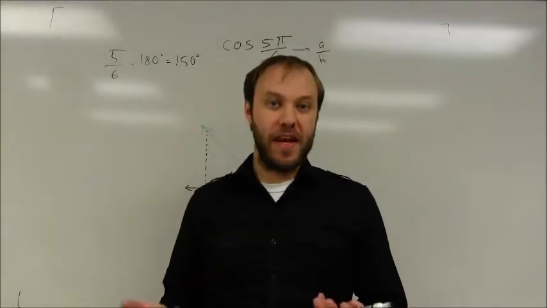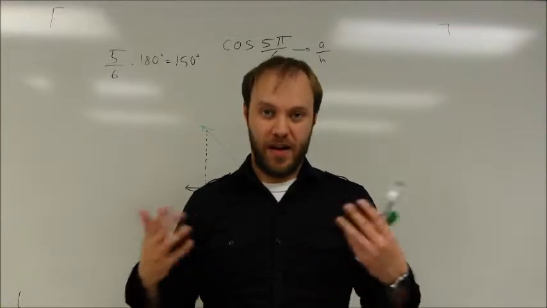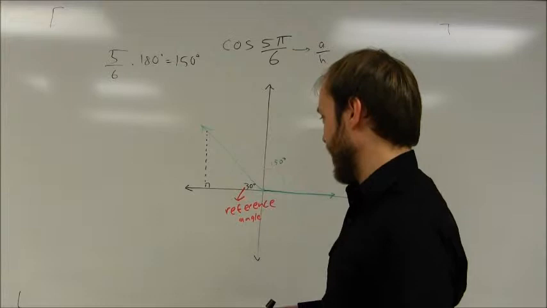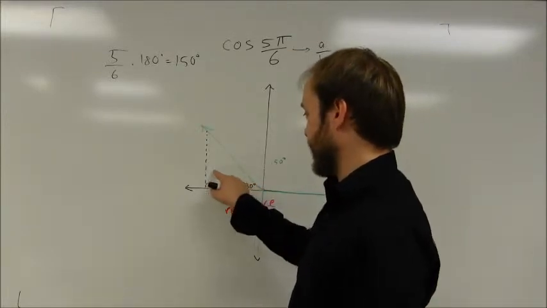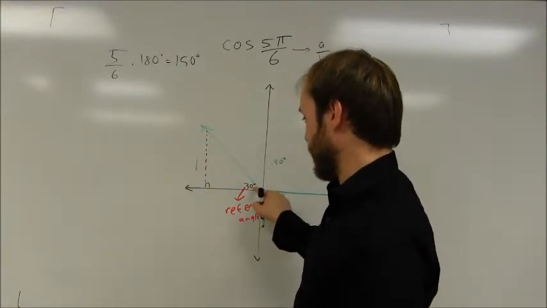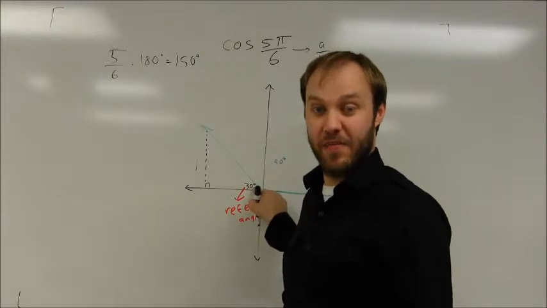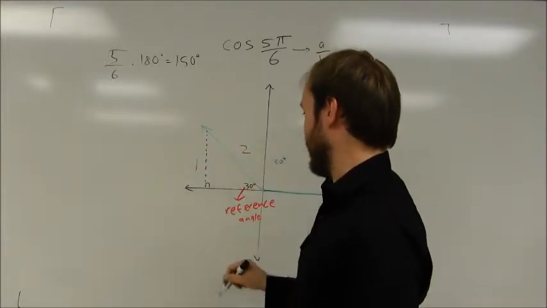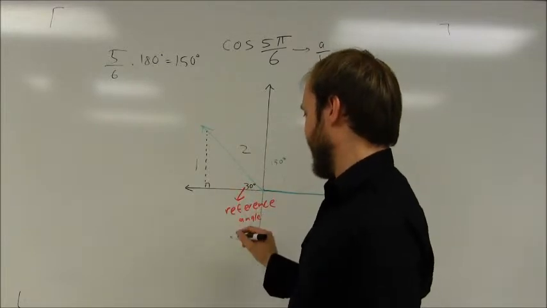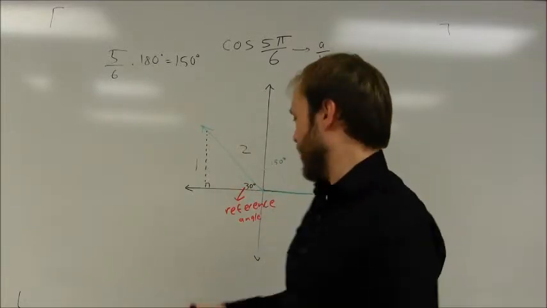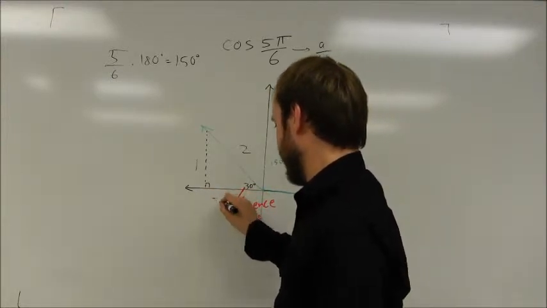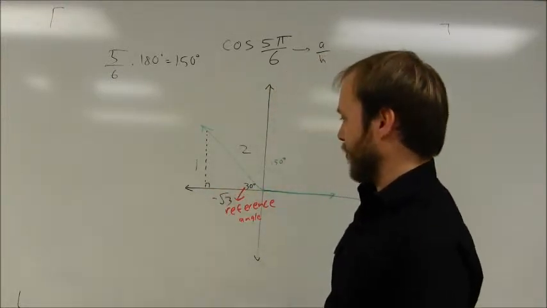And what I'm going to do is label this triangle using any possible labeling that will work for a 30, 60, 90 triangle. Probably the easiest is to make the short side 1. Remember, the short side will be opposite to 30, especially if your diagram's not drawn very much to scale. You need to be real careful with that. Double it to get the hypotenuse. The adjacent side here would normally be radical 3, but notice I'm going backwards in a negative direction, so I'm going to write that as negative radical 3.